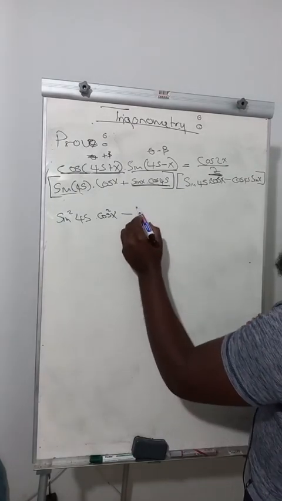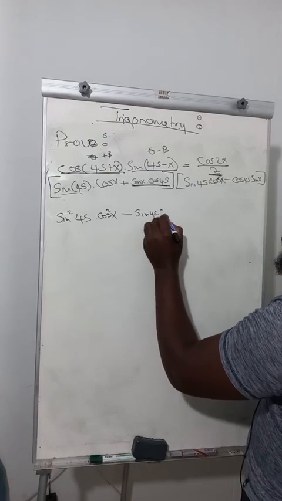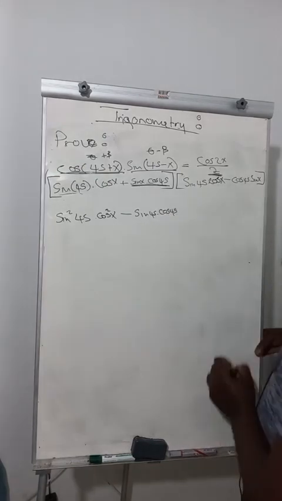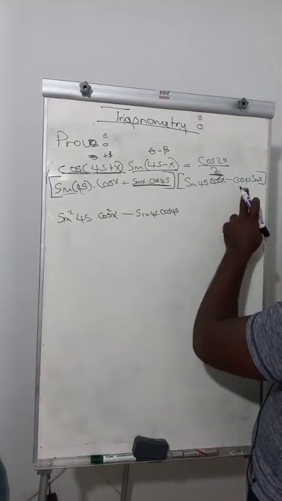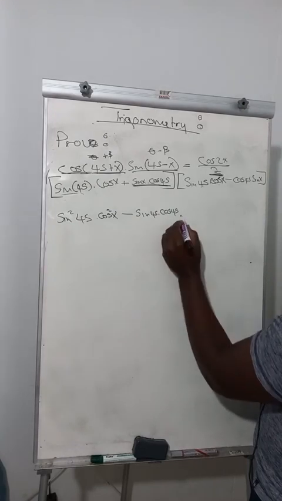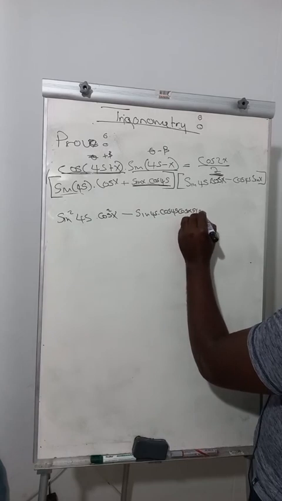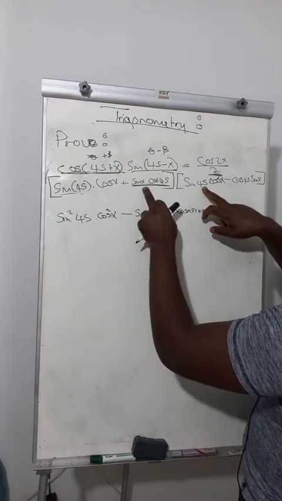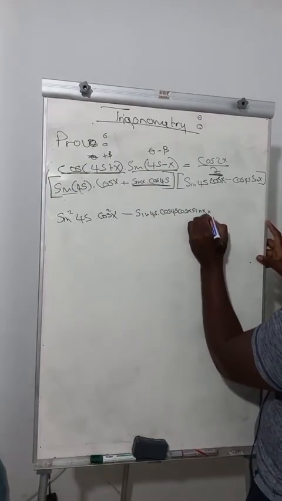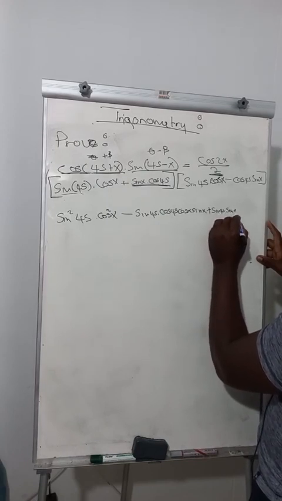I'll get sine 45 multiplied by cos 45, and sine 45 and cos 45 is fine. I'll also get cos x and then sine x. Now I'm going to do the same thing with these two. I'm going to have plus sine 45 multiplied by sine x.